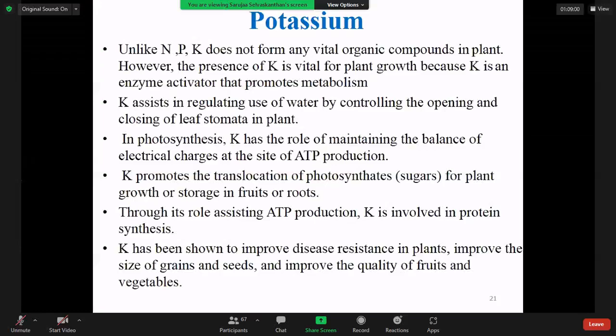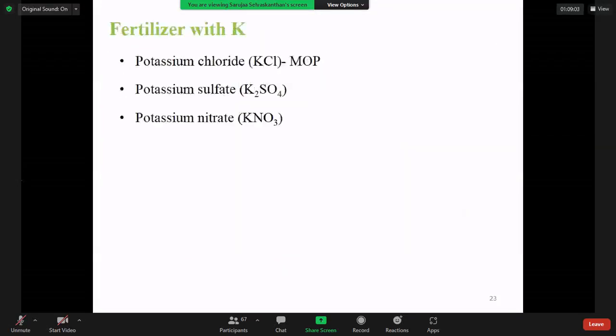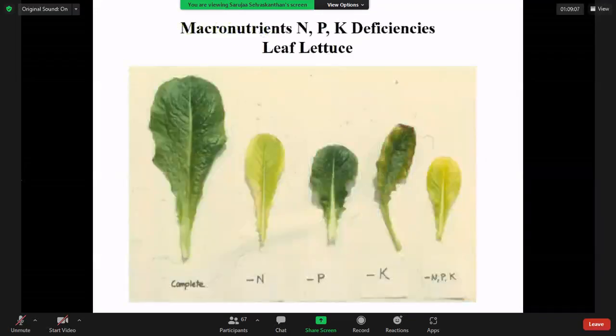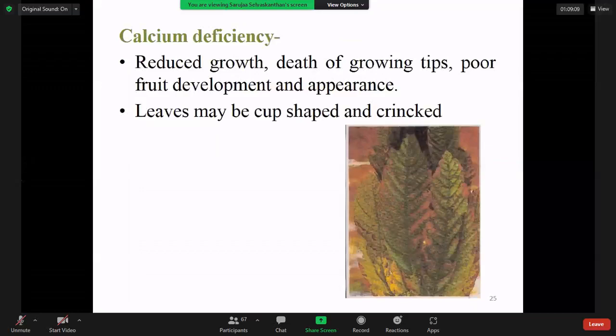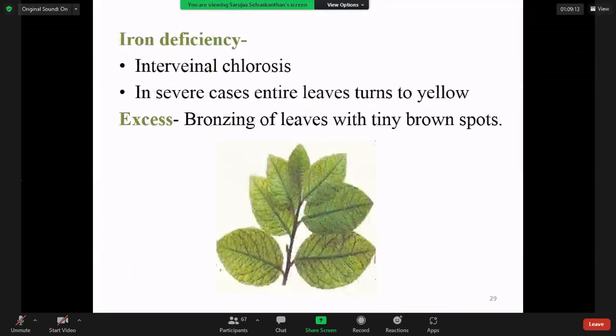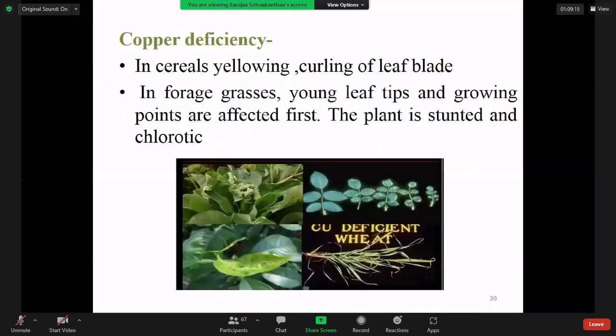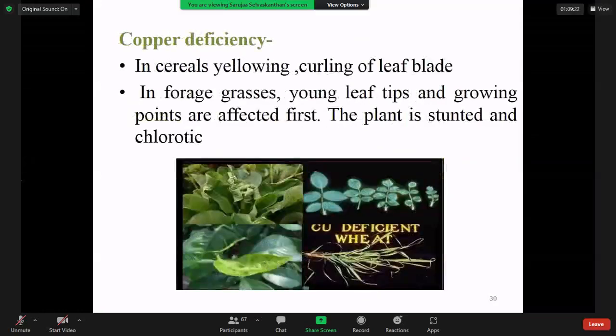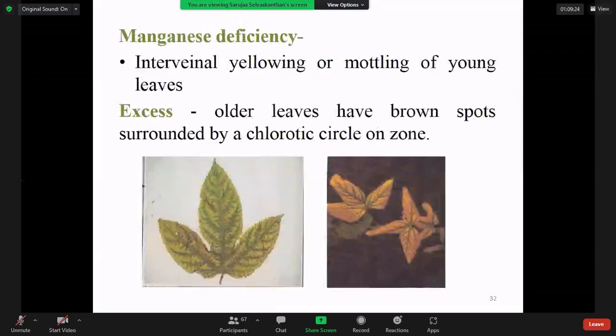What is the function of potassium and what are its deficiency symptoms? And we have to identify whether it is for nitrogen or phosphorus. Then calcium deficiency, then magnesium, sulfur, and iron deficiency symptoms, and you have to consider words like interveinal chlorosis. You have to incorporate these words while you are writing.